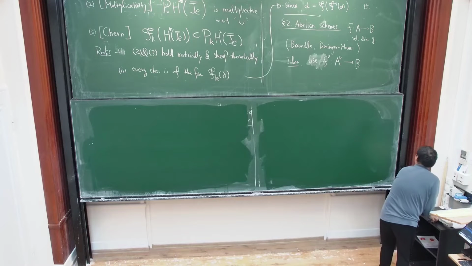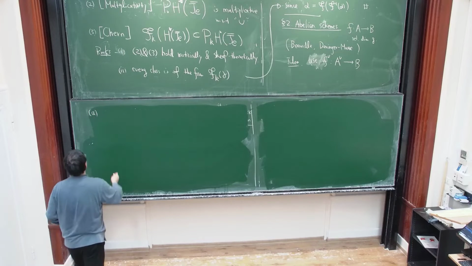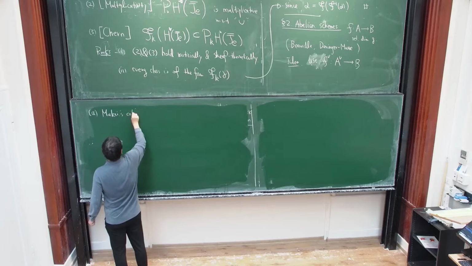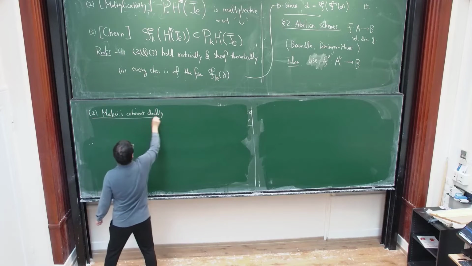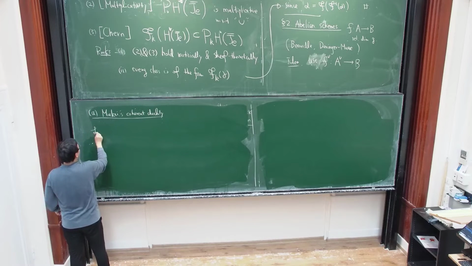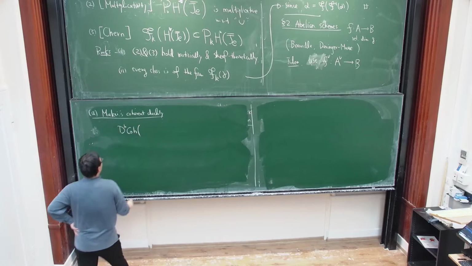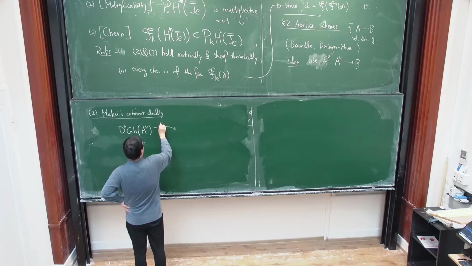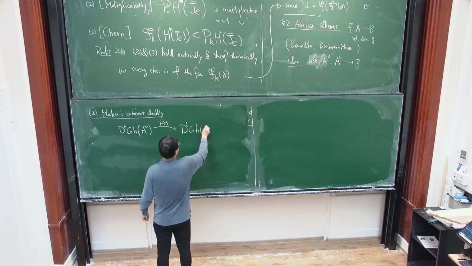Okay, so let's see how the dual fibration can help us. The first part, of course, is Mukai's coherent duality, which says that there is a Poincare line bundle which induces an equivalence between the derived categories of coherent sheaves on A and A dual.